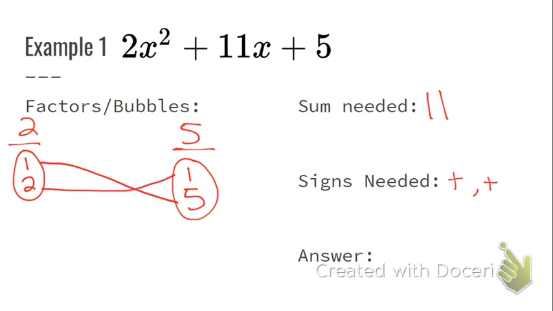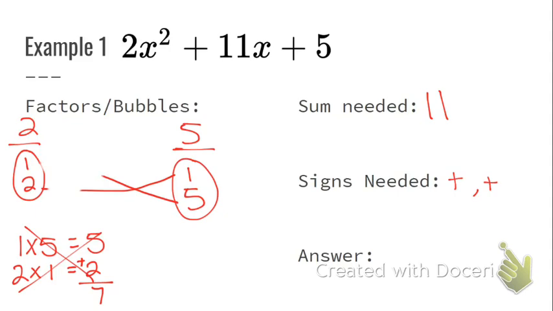That would mean I would take 1 times 5, and that would give me 5, and I would take 2 times 1, and that would give me 2, and I add those together, I get 7. Is that the sum that I'm looking for? Hopefully you're saying no, the sum we needed was 11. So that's not going to work. I'll erase those lines, so hopefully you weren't writing them too hard with your pencil.